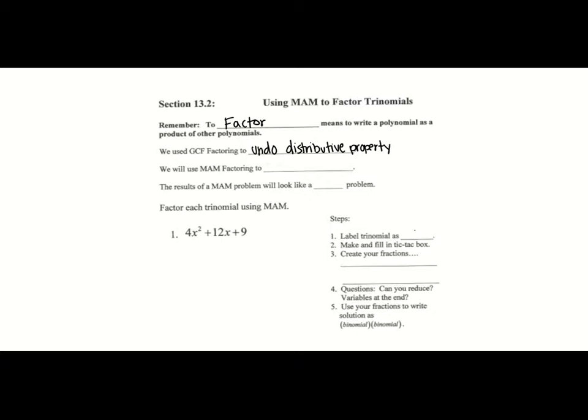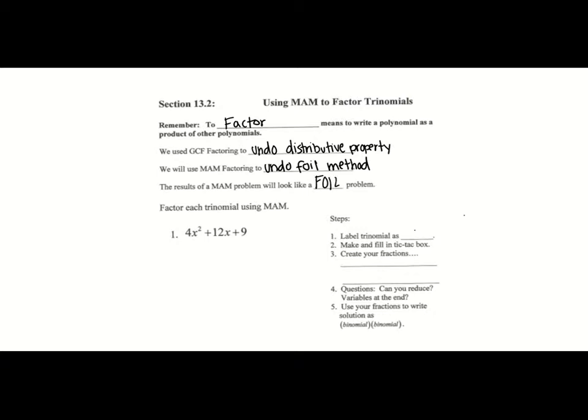And now we are going to use MAM factoring to undo the FOIL method. So the result of our MAM problem will look like a FOIL problem.